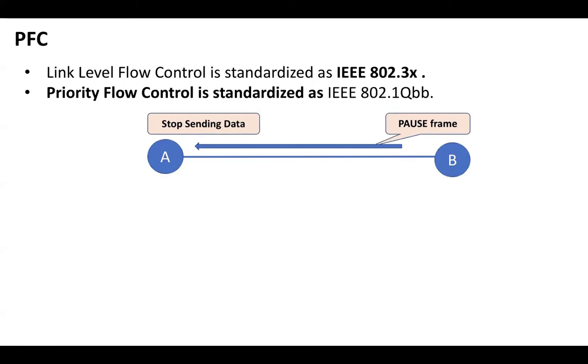So PFC will enhance the functionality of IEEE 802.3x or the pause frame mechanism. PFC allows us to enable flow control based on CoS value, class of service value. PFC is defined as IEEE 802.1Qbb standard. Flow control or the pause frame mechanism is defined as IEEE 802.3x standard.